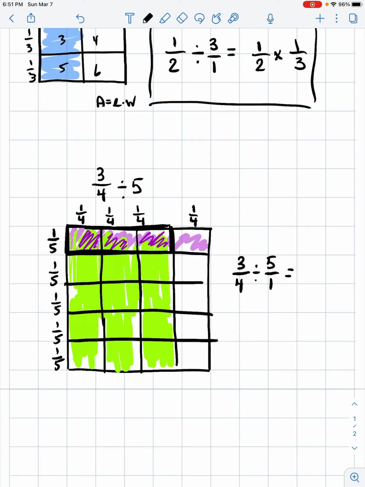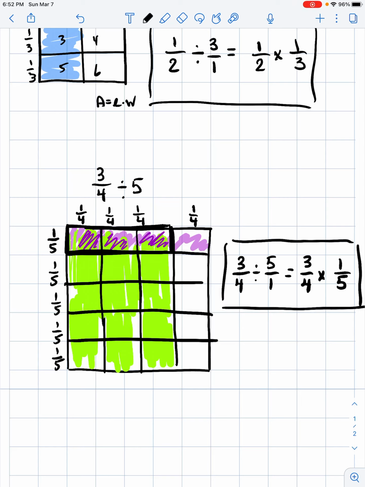Okay, and my multiplication model is showing a rectangle that measures 3/4 by 1/5. And so if I were to find the area, I would have to do 3/4 times 1/5. Again, equivalent expressions, very important for later on when we stop using our models.